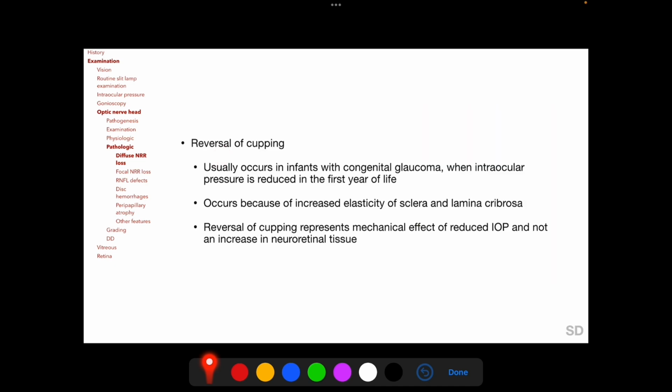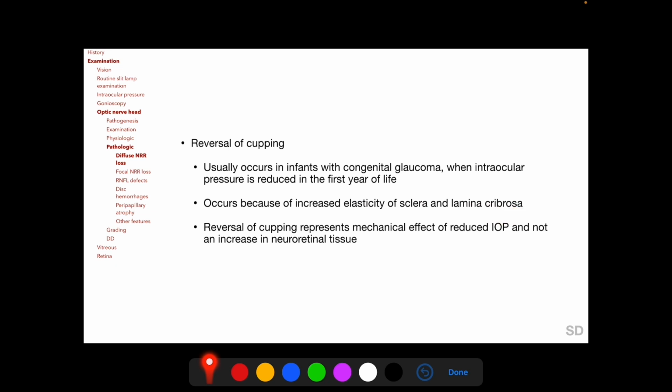Reversal of cupping has been described in infants with congenital glaucoma following surgical reduction of the intraocular pressure within the first year of life, and this occurs because of increased elasticity of sclera and lamina cribrosa in this age group.